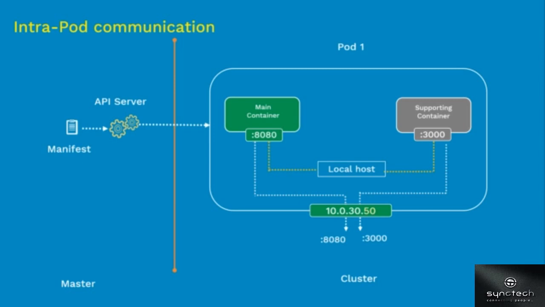And obviously, if you have two containers inside a pod, then both cannot use the same port number. Normal networking rules still apply here. So, speaking at a very high level, containers within the same pod communicate using a shared localhost. So that's about the intrapod communication.